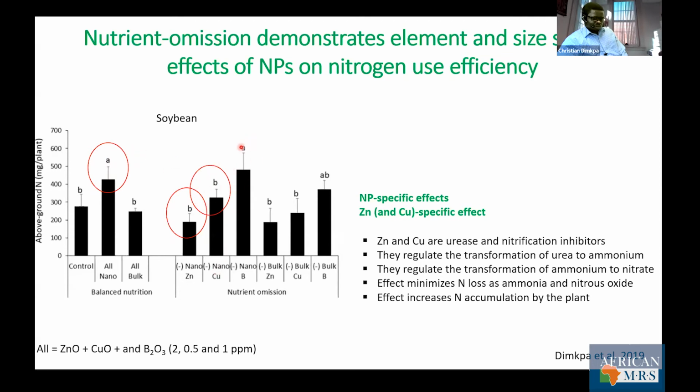You don't see the effect with boron, and you don't see the effect with all the bulk materials compared to the all bulk. So this shows clearly again a nano-specific effect. So nano here and nano here, and zinc and copper effect, which is what you see with zinc here and with copper here, but not with boron in the case of nanomaterials.